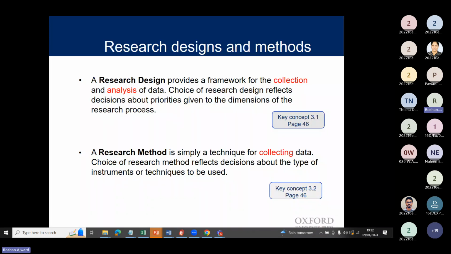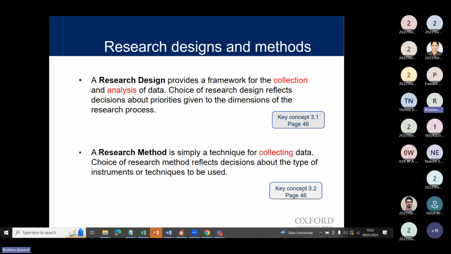Yes, research design is broader because it has both what? It's a broad framework of data collection as well as analysis. So when it comes to data collection, you will define in a research design your population, your sampling technique, everything will be there. And even how you're going to analyze is there in the research design.